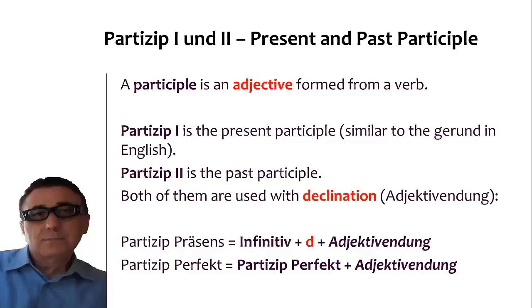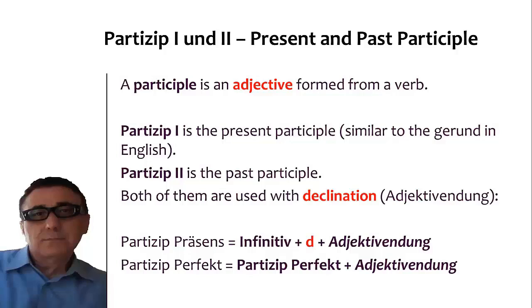Here is a very important grammar rule in German. Partizip I und Partizip II, both of them are used with Deklination, Adjektivdeklination oder Adjektivendung. Here is a general formula for how to make Partizip I und Partizip II.